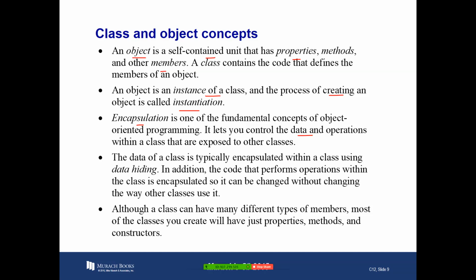The data of a class is typically encapsulated within the class using data hiding, and in addition, the code that performs operations within a class is encapsulated, so it can be changed without changing the way other classes use it.